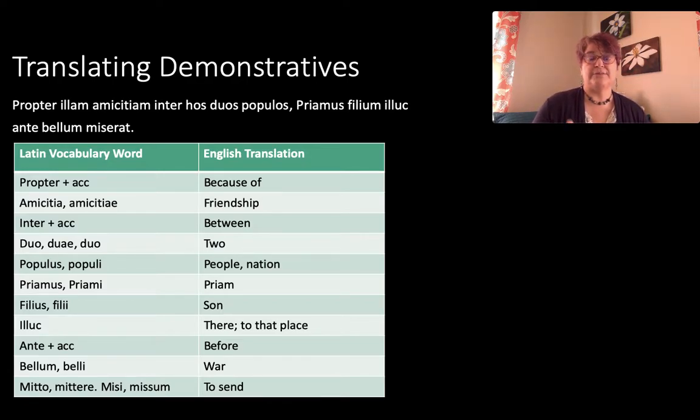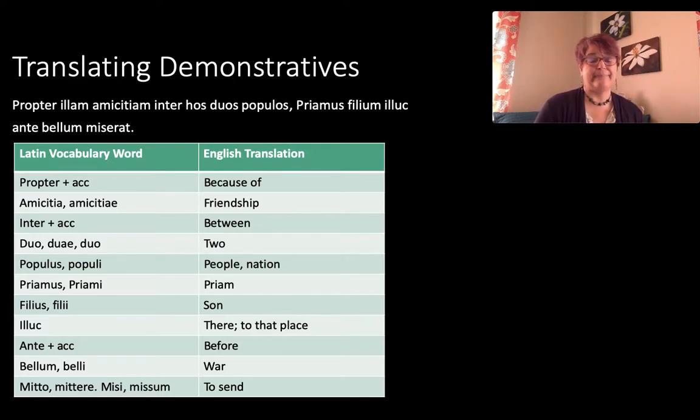The same is also true with hos. Following hos, I see another adjective, duos, which ends with os, and then I also see the word populos, which ends with os. So this tells me that all three of those words belong together. So here, again, I see examples of the demonstrative being used like an adjective.